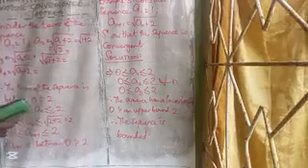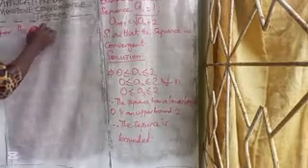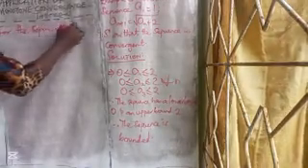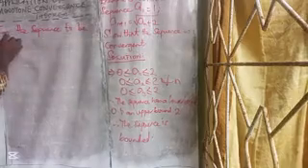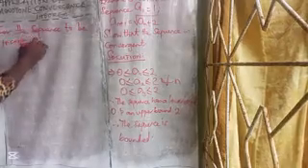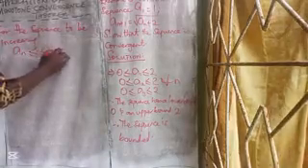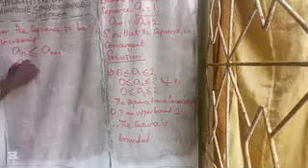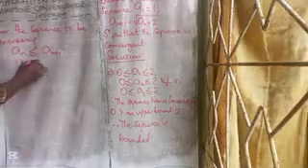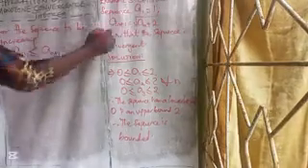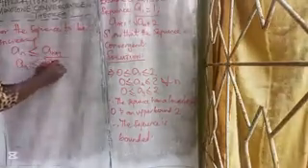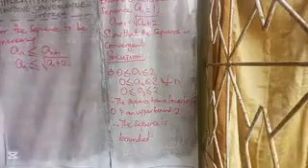Is it increasing or is it decreasing? Is it monotone? For the sequence to be increasing, a sub n will be less than or equal to a sub n plus 1. That means a sub n will be less than or equal to what? The square root of a sub n plus 2.